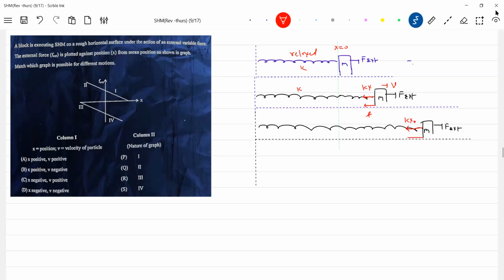Kx naught, this is some friction. This is the maximum speed. After this, it will undergo retardation, with velocity V2.